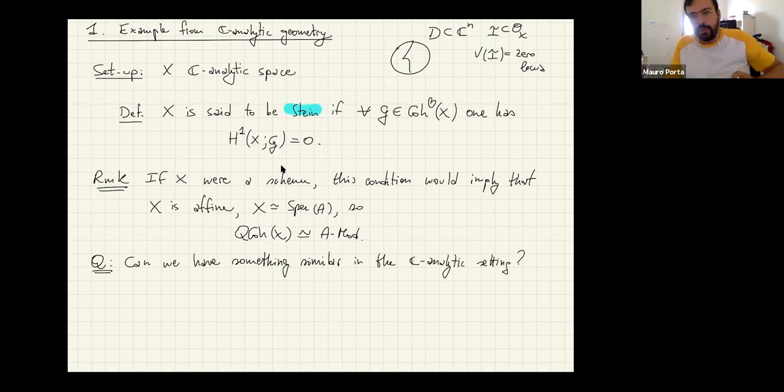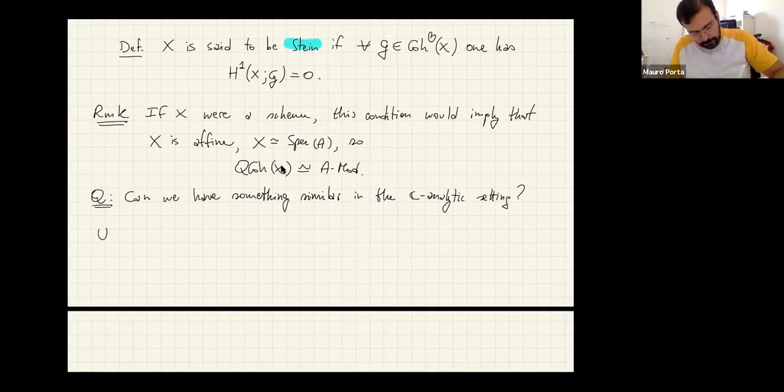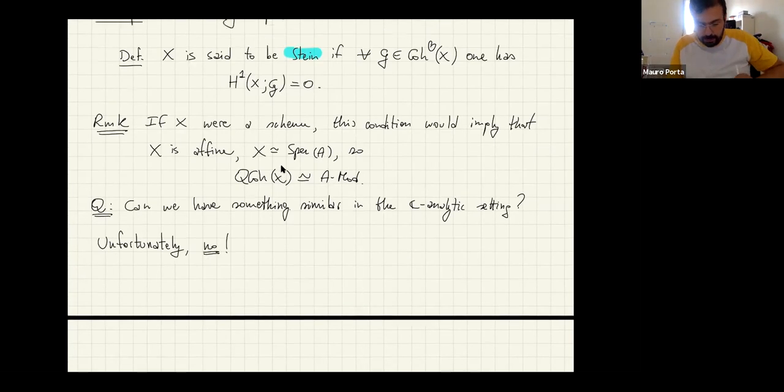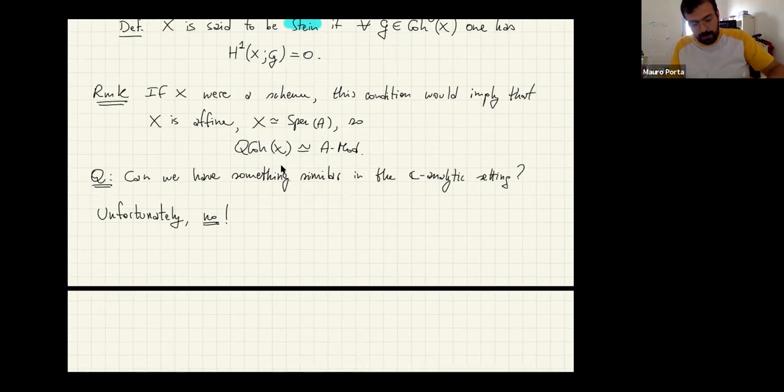And unfortunately, the answer is no. Okay, so that's very unfortunate, in the sense that there are examples of Stein spaces where the category of coherent sheaves on X is not equivalent to the category of modules of finite type over the global sections of X, holomorphic functions on X.